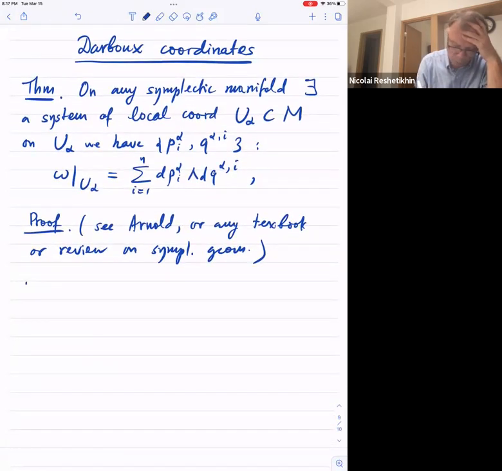Now, Darboux coordinates. Symplectic manifolds are rather flexible in the sense that these coordinates look like canonical coordinates, but in fact, there are infinitely many choices of Darboux coordinates. So they are not unique.